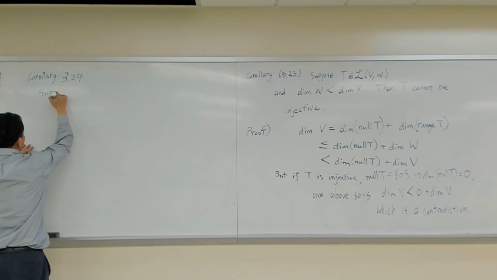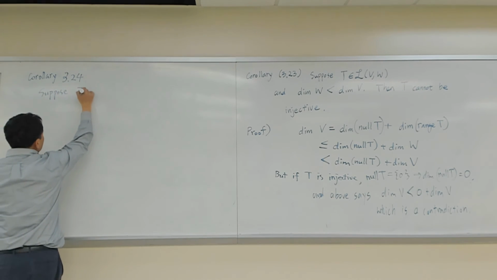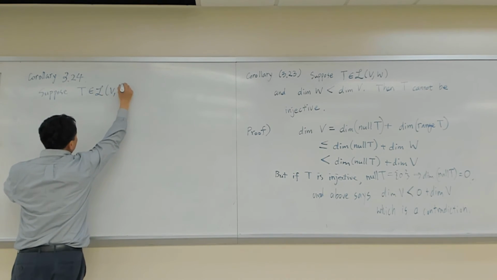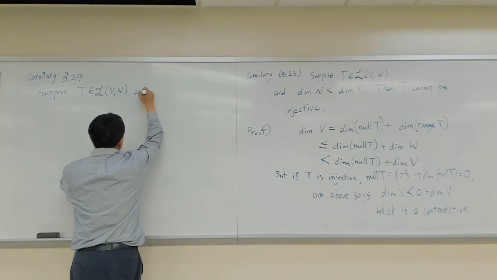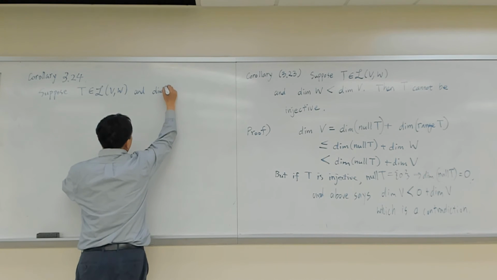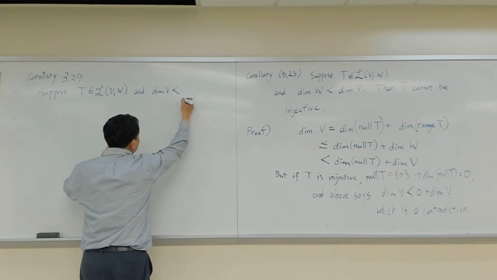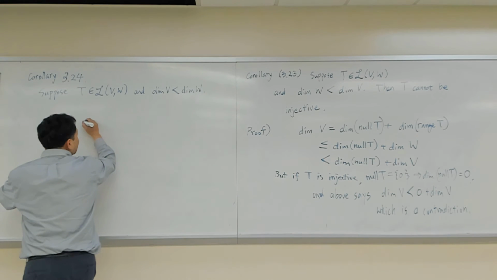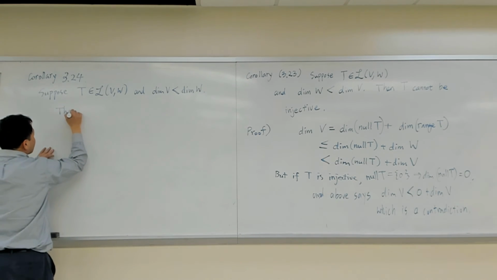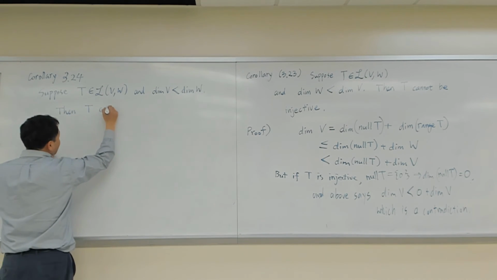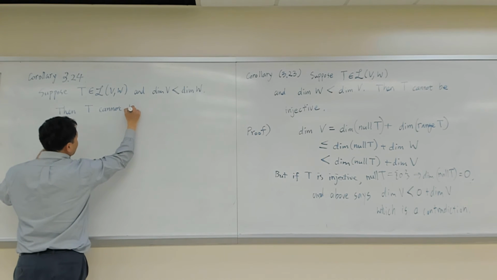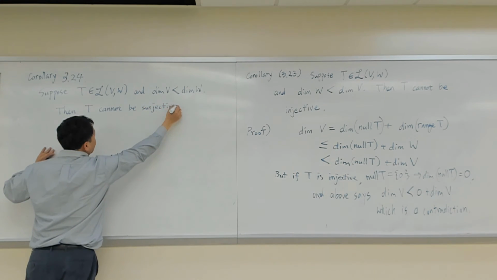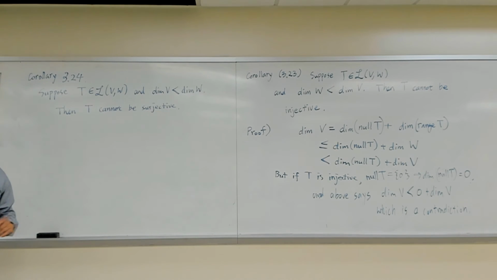Suppose T is a linear map from V to W, and the dimension of V is strictly less than the dimension of W. Then T cannot be surjective. Okay?